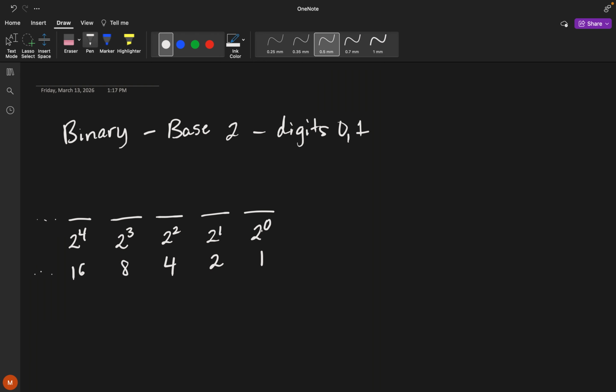So you might have noticed, whereas the base 10 system has us multiplying by 10 each time we go left, the base 2 system has us multiplying by 2 each time we go left. So we always start with the ones place in all number systems. And then in base 2, or binary, we double each time. So the ones place, 2, 4, 8, 16, 32, 64, 128, 256, 512, and so on.